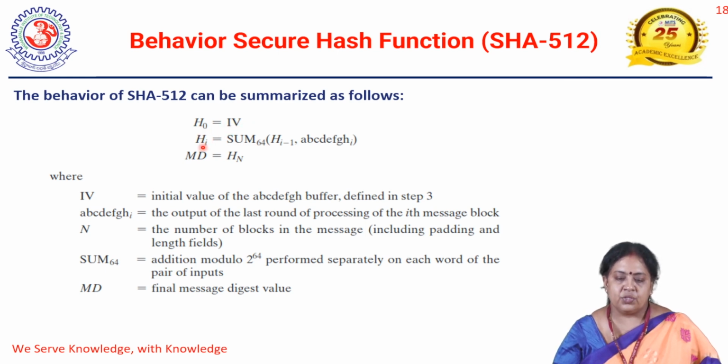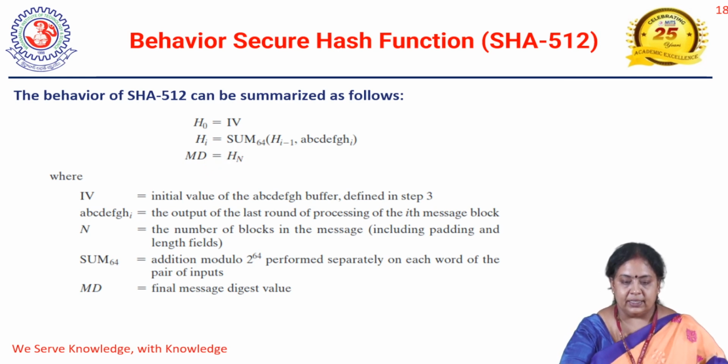Then how H1 is obtained: you perform the modulo 2 power 64 addition of the previous hash buffer Hi minus 1 and the output of the last round, so that we get Hi. At the end of the nth block, the hash code is the message digest. That is the behavior of this SHA algorithm.